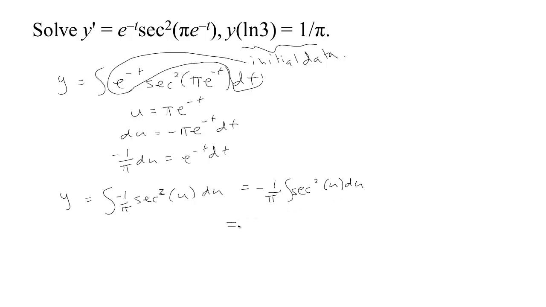The derivative of the tangent is the secant squared, so we get minus 1 over pi tangent u plus c. One more step. We know that y as a function of t now is negative 1 over pi, and I have to substitute back.